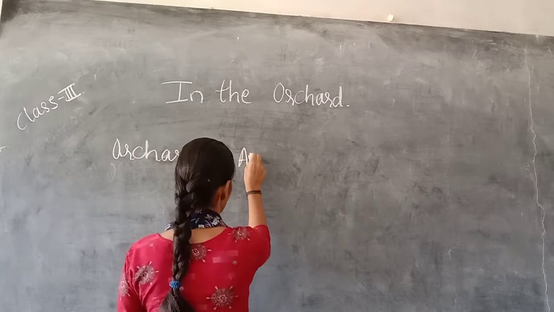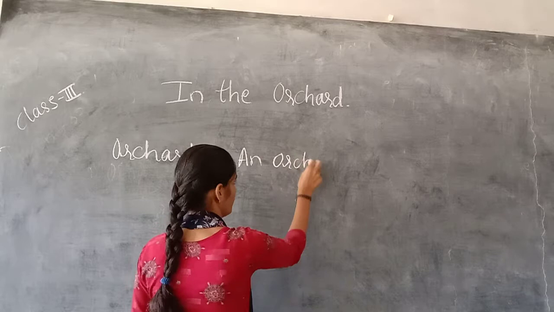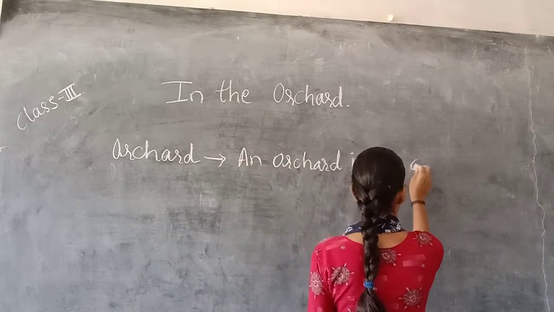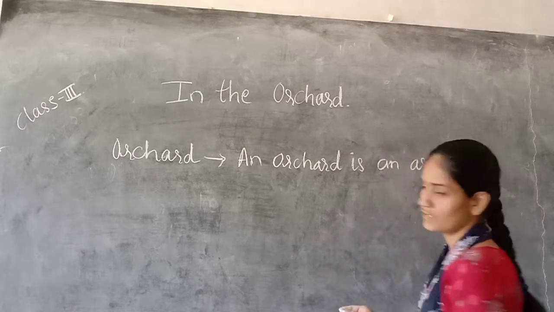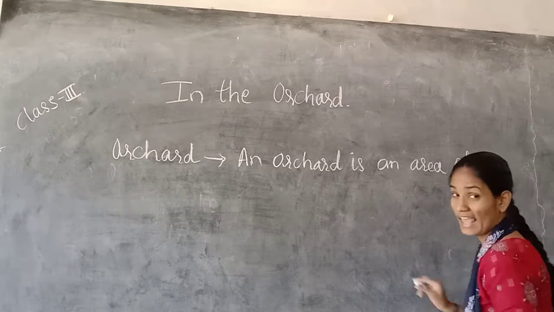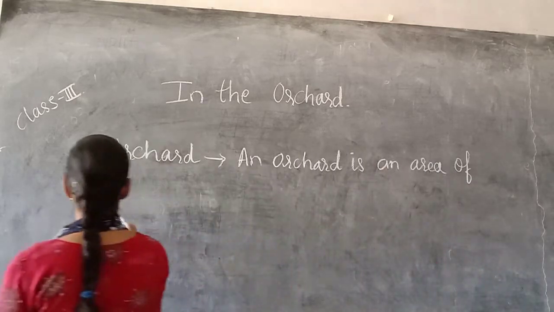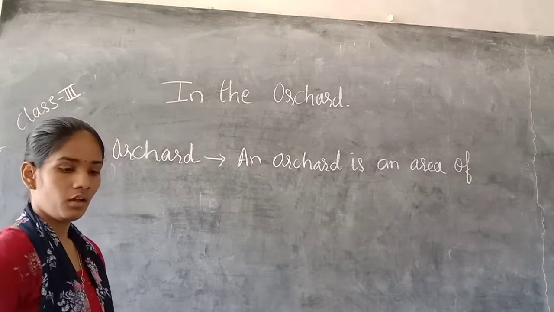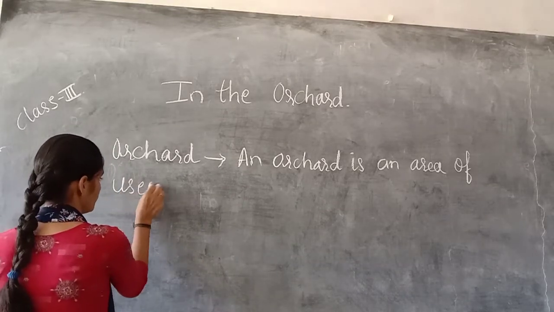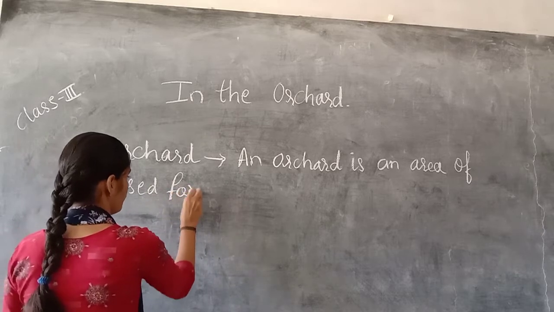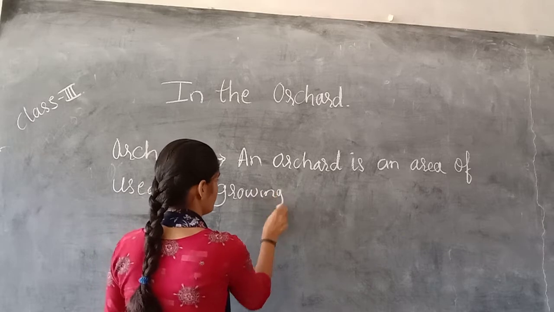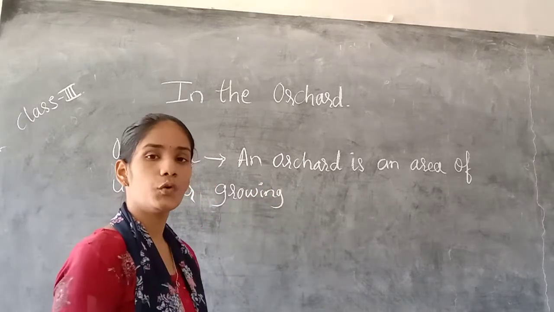An orchard is an area of land, a field, an area of land used for growing fruit trees.